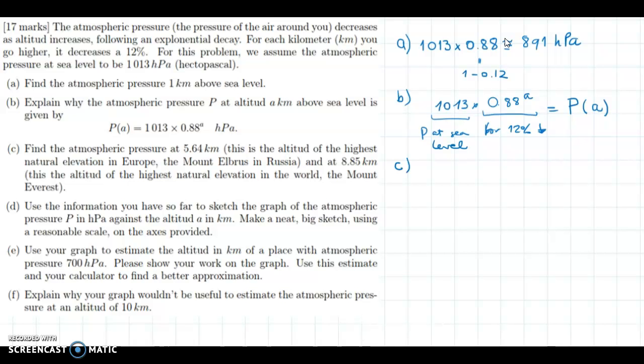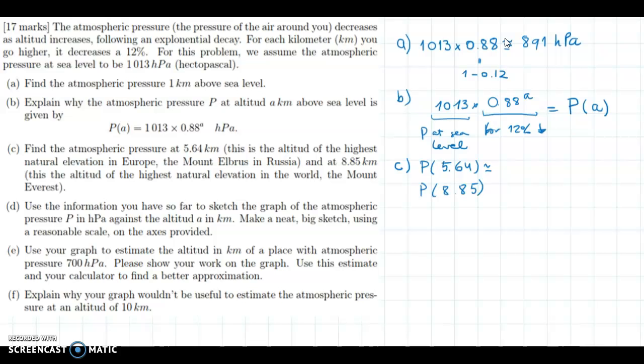We want now to find two more points. We want to know what is the atmospheric pressure when the altitude is 5.62. So we want to evaluate our function at 5.62. And we also want to evaluate our function at 8.85.